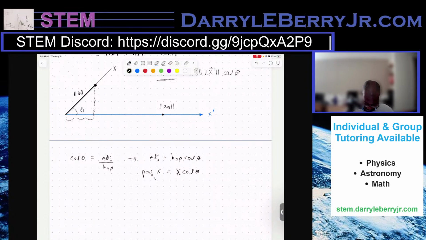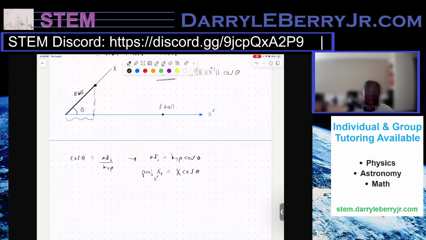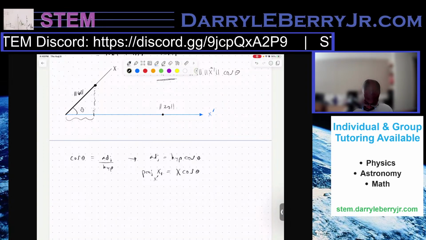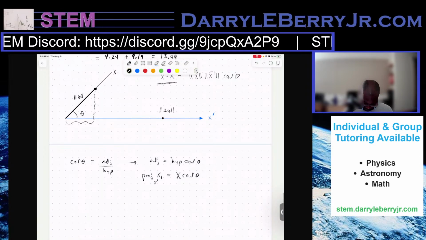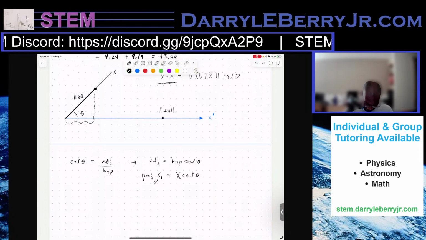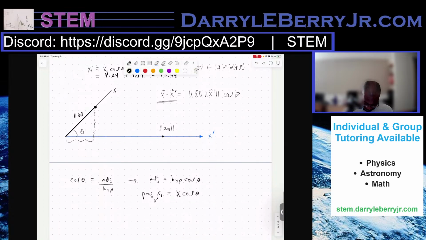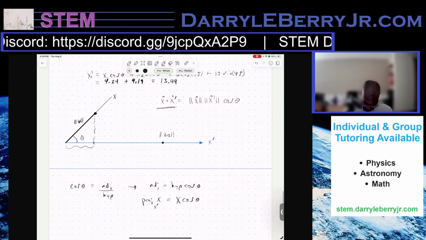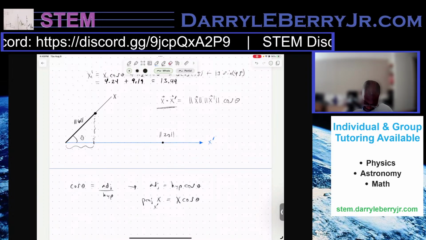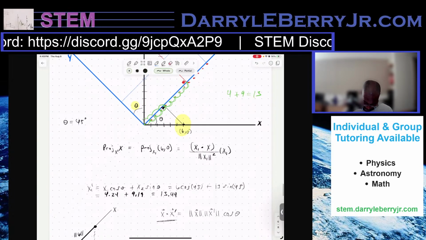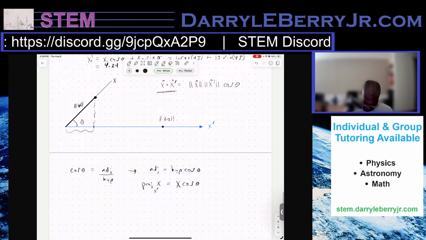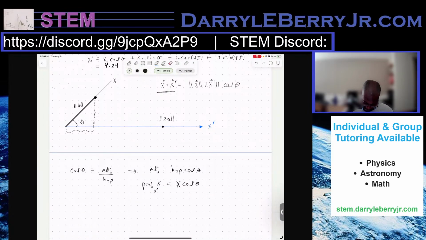So this is x prime, x1. That is x. Projection of x onto x prime is x1.